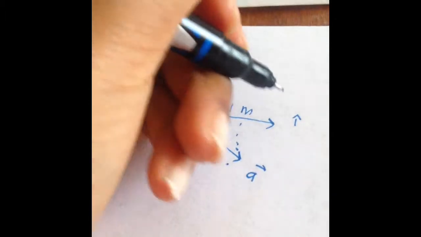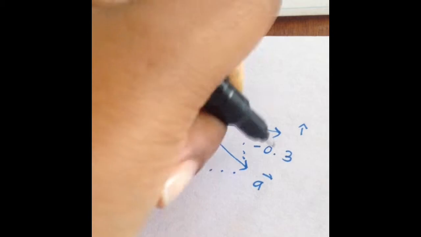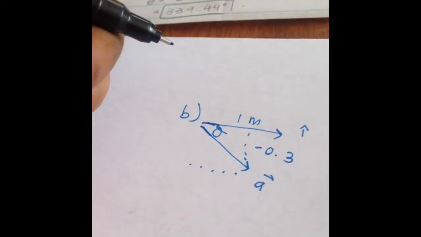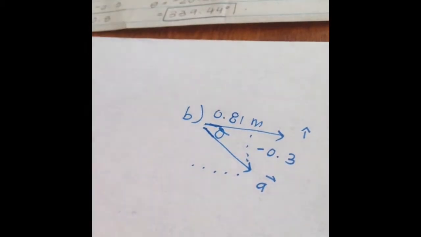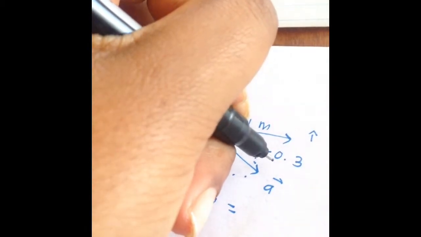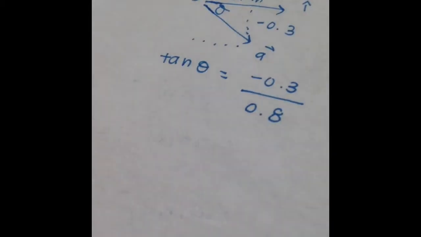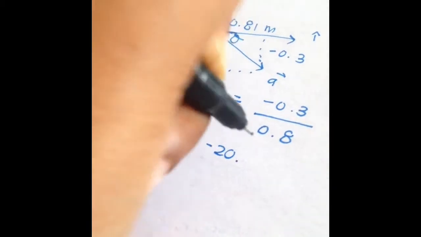So if you do tangent theta, you know that this y value is -0.3 and the x value is 0.8. So if you just use tangent theta is equal to your opposite over adjacent, which is -0.3 over 0.8, and then you plug that into your calculator with inverse tangent, and you're going to get theta is equal to -20.56 degrees.